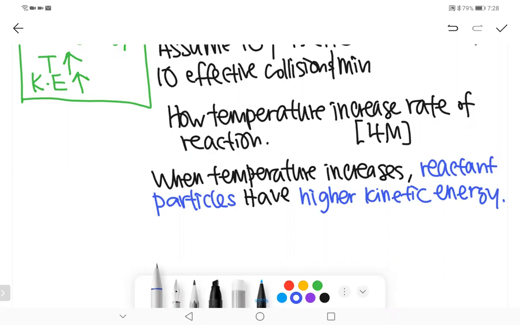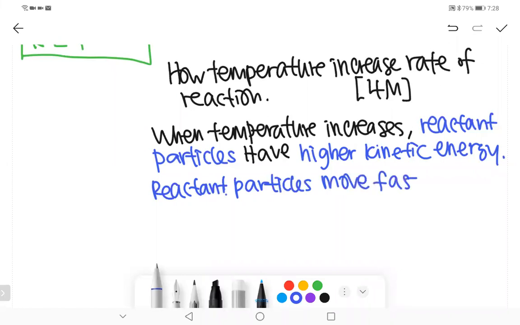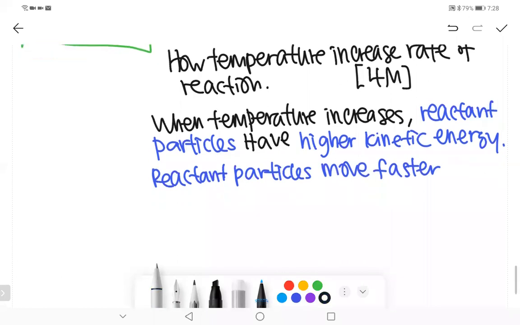When temperature increases, all the particles get more and more energy. So the reactant particles will move faster, because the more energy they have, the faster they can move. Since they move faster, they will collide more and more frequently, right?